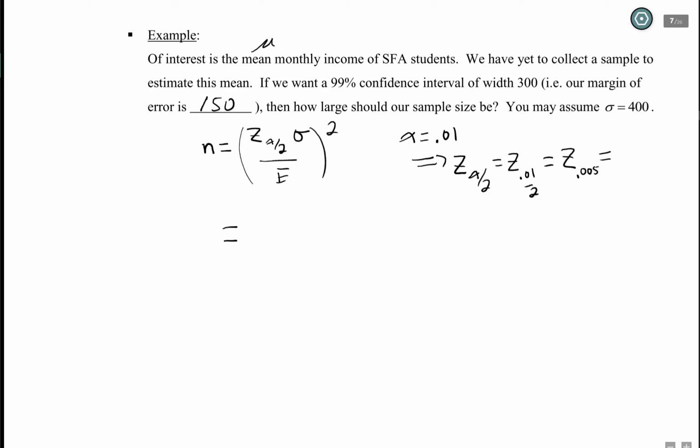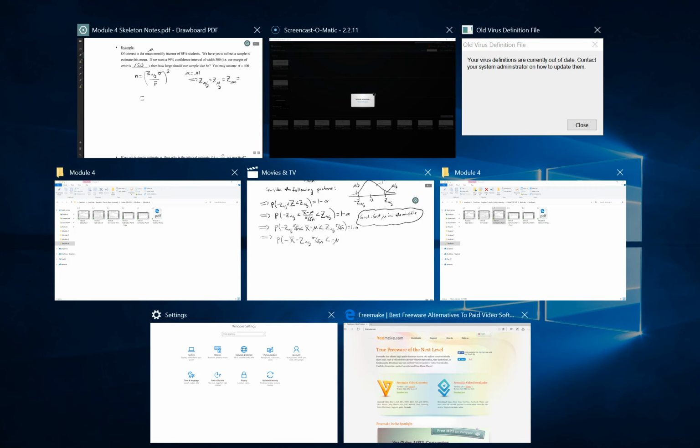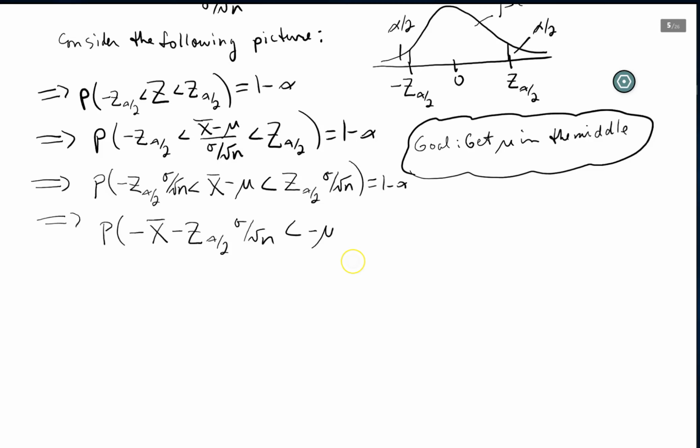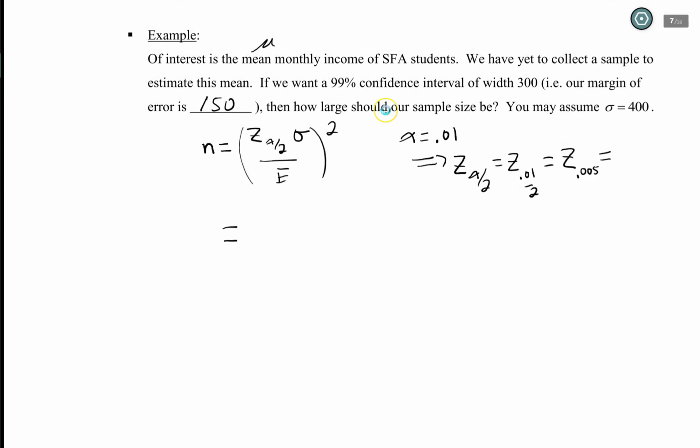And if you look on the table, you're going to look for this upper percentile. This is the upper 99.5th percentile. If you look up that upper 99.5th percentile, you will get 2.575 or something really close to that.